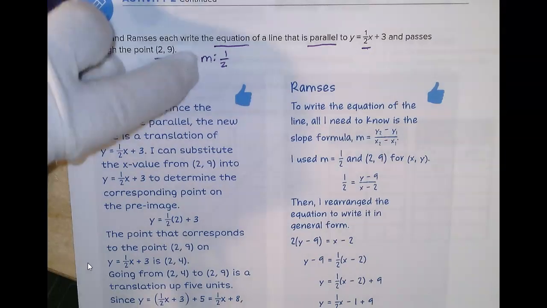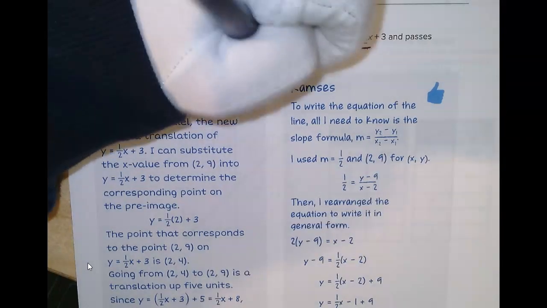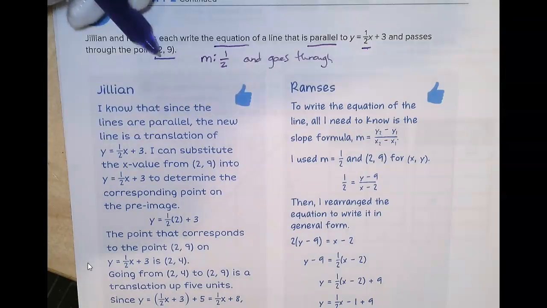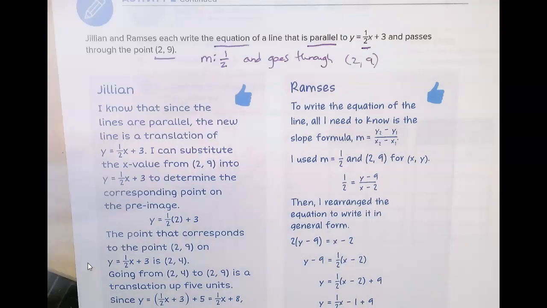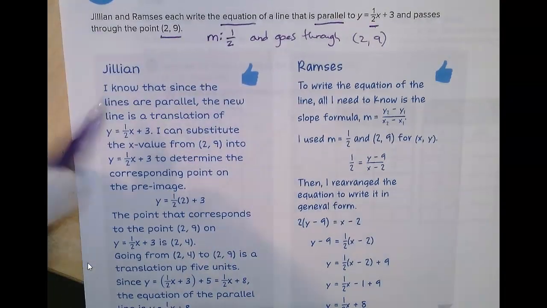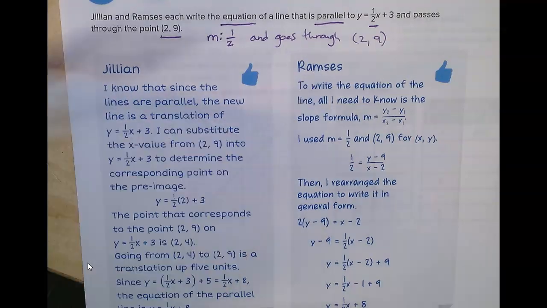So it has the slope of 1/2 and goes through the point 2, 9. And what you have here is a description of how two different students, Jillian and Ramses, approached this challenge.